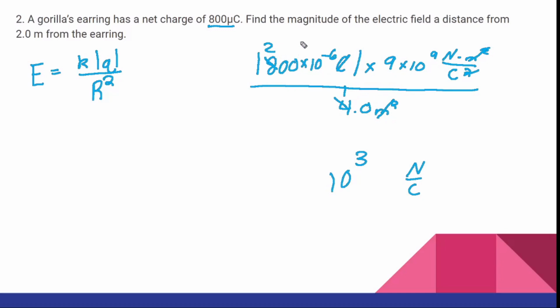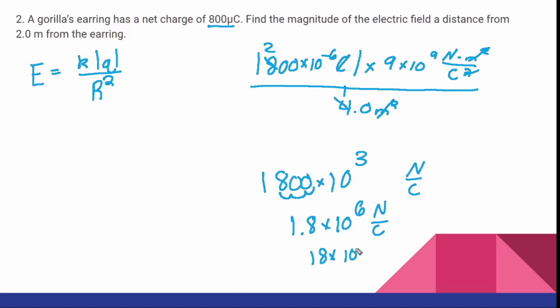And then we can multiply the 200 by 9 to get 1800. We could leave it like this, or we could simplify it by moving the decimal point 3 spaces to get 1.8 times 10 to the 6 newtons over coulombs, or we could leave it as 18 times 10 to the 5th.